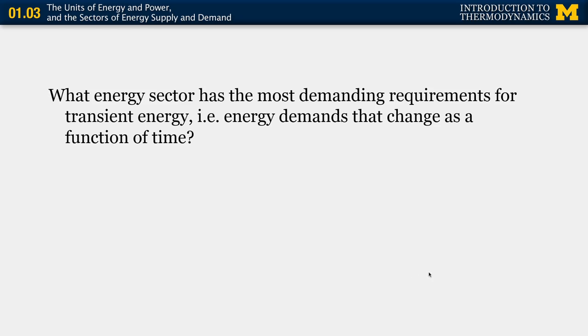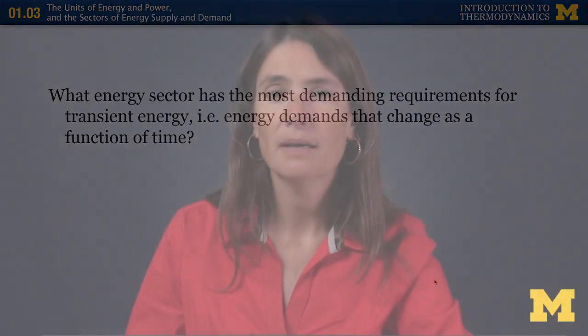So that's energy provided on a time-varying basis, so energy that changes as a function of time. So out of those four sectors, residential, industrial, commercial, and transportation, which sector has the most challenging demands for transient energy supply? And that's where we'll start next time.